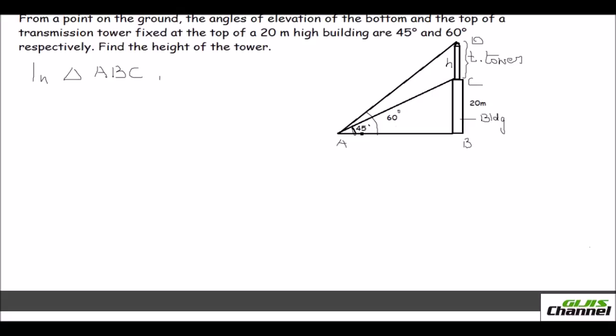You find this is 45 degrees, so you needn't do much calculation. This angle is also 45, right? If this is 45, this angle also would be 45. So these two sides should be the same, right? The base angles are equal. So this should be 20 here. So I got my AB as 20, okay?